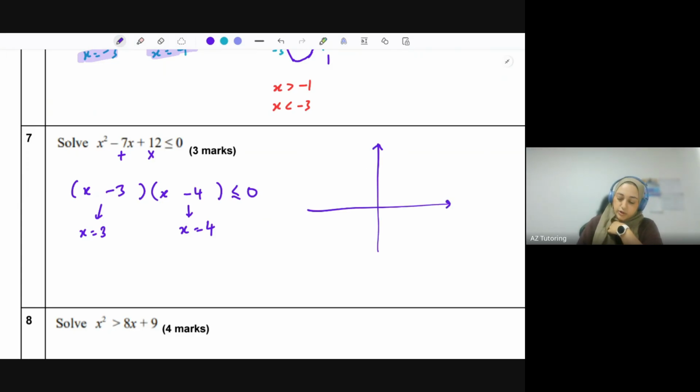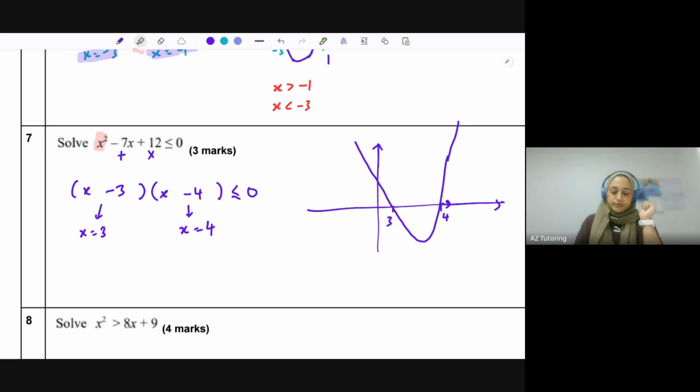Is it going to be U-shaped or N-shaped? It's going to be U-shaped because x squared is positive. And it crosses at 3 and 4, so it's on this side. It looks somewhat like this, where this is 3 and that's 4. It's just a sketch. Let's extend it there.